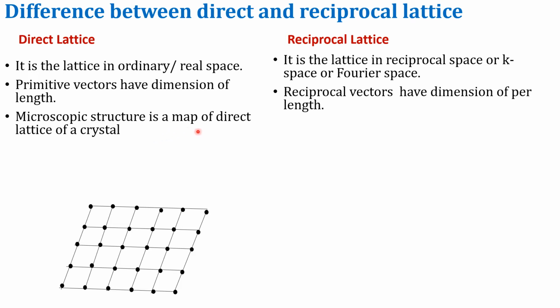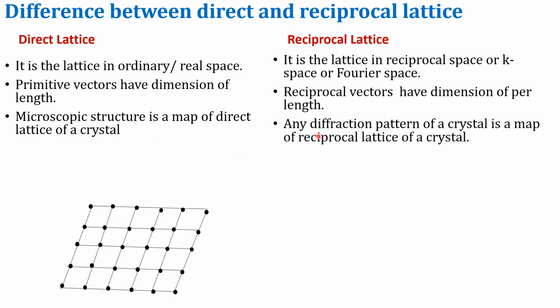That structure is a map of the direct lattice of the crystal. In the reciprocal lattice, any diffraction pattern of a crystal is a map of the reciprocal lattice of the crystal. That we discuss in the next point.